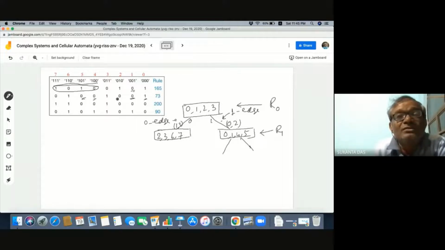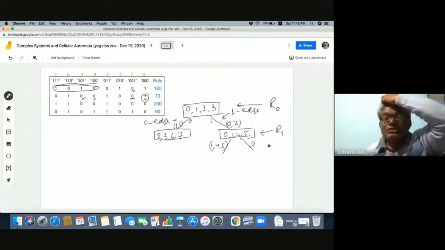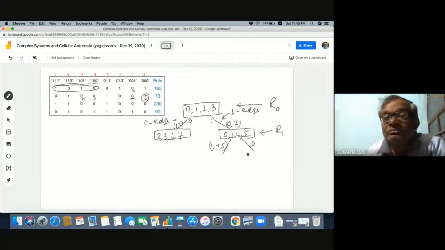Here 1, 4, 5 are 0, so there will be a 0 edge. So 1, 4, 5 on the 0 edge. This is the 0 edge, this is the 1 edge. And here it is 0 only, while in this case you can see it is 1.